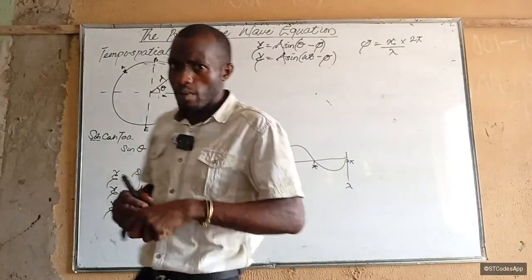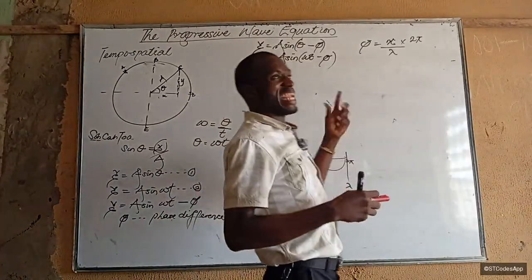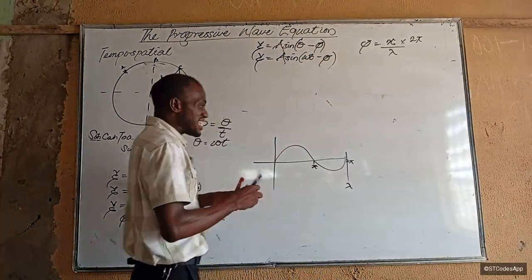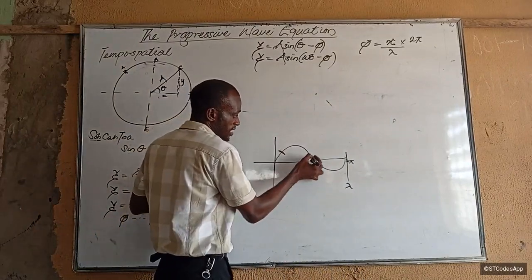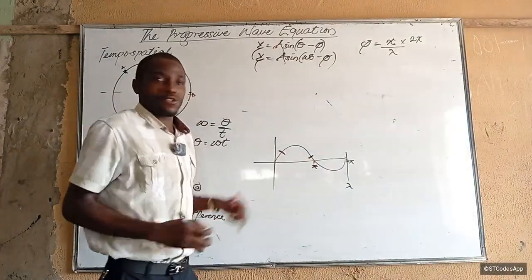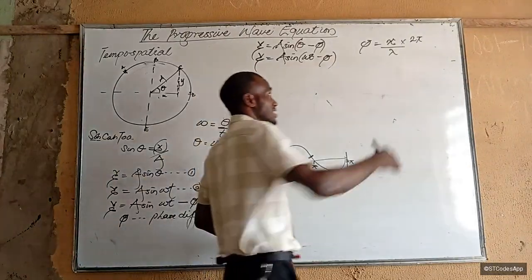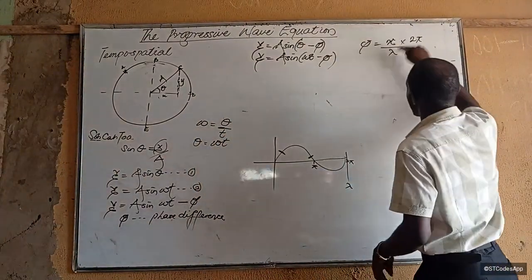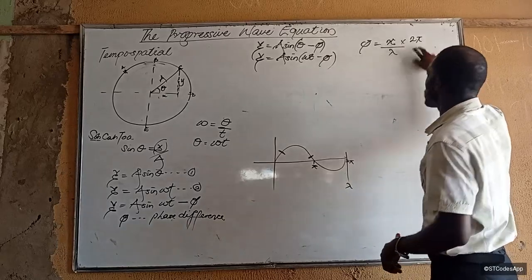Is that clear? Do you remember that is the formula for the length of an arc? Because any place I want to check, from here to here, it is just an arc I'm looking at, right? So we're looking at the length of the arc: the small distance out of the entire wavelength times 2 pi.